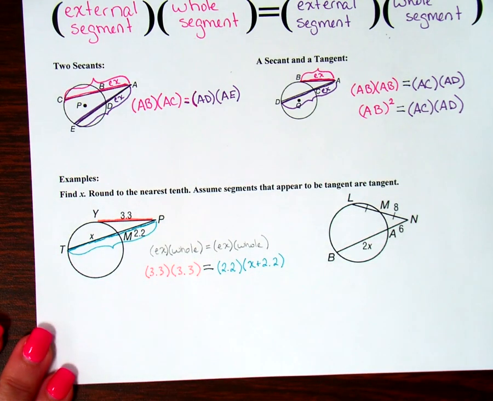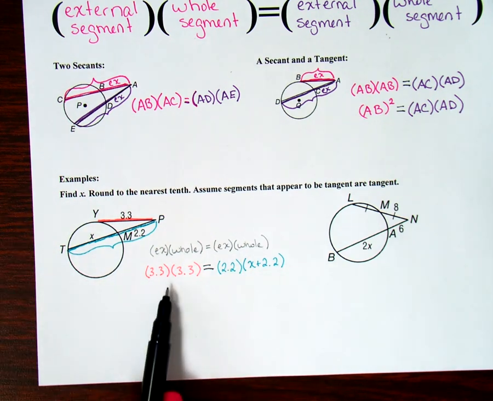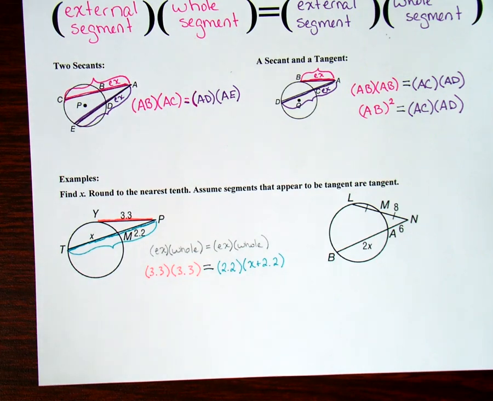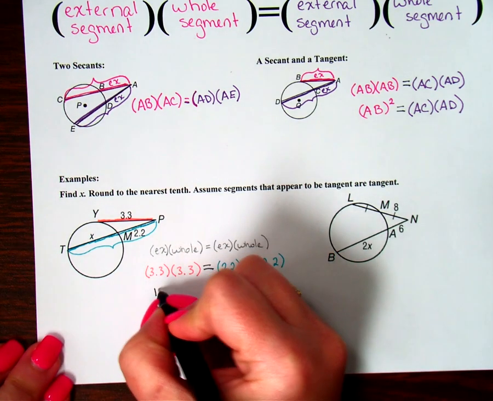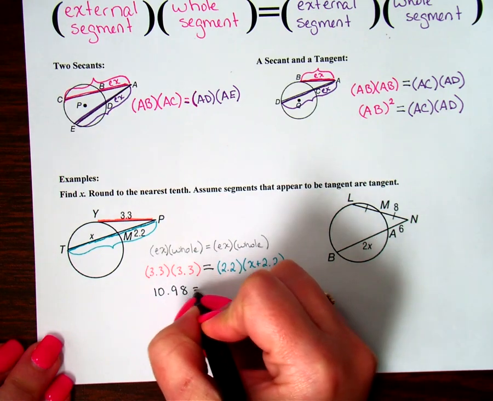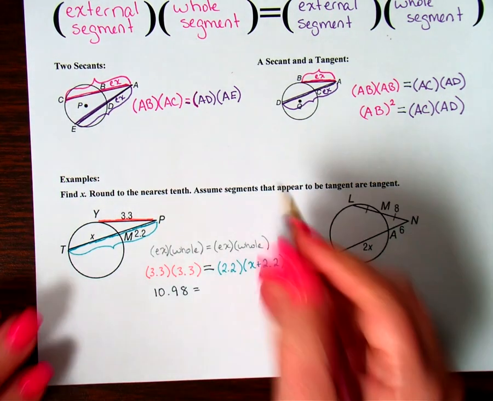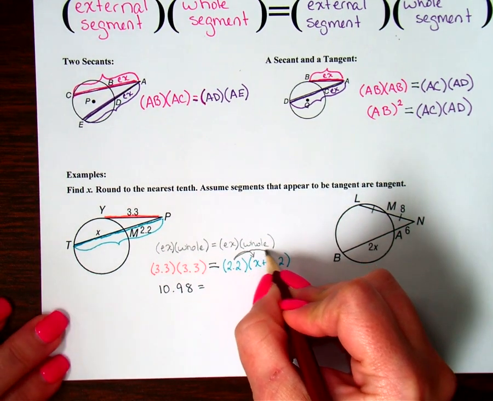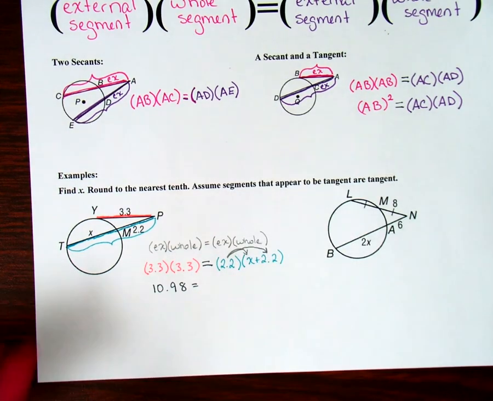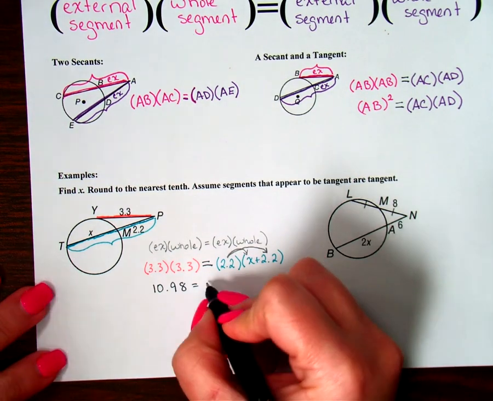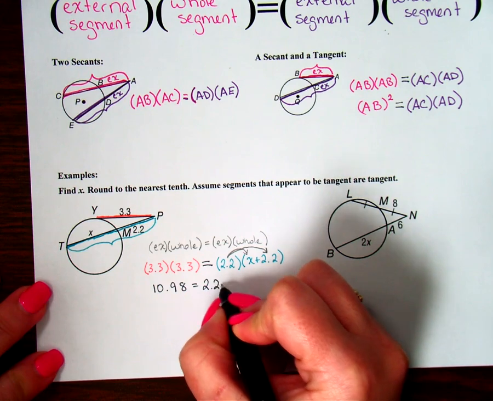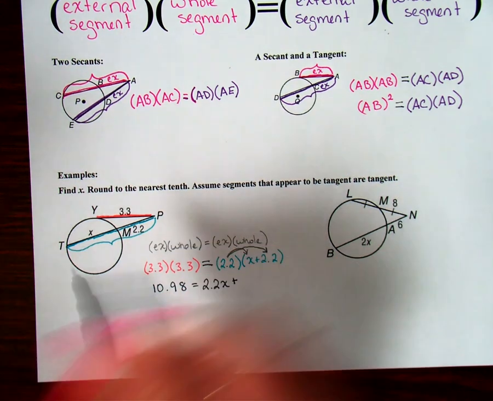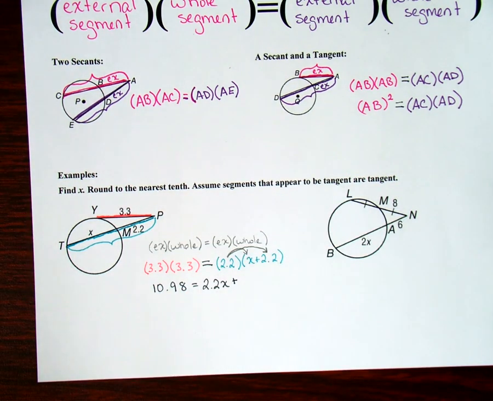Okay, so now we're ready to solve this. The first thing I'm going to do is I'm going to do 3.3 times 3.3, or you could just do 3.3 squared, and that's 10.89. On this side, what I need to make sure I do is I need to distribute that 2.2 to both the x and the other 2.2. So I'm going to end up with 2.2x plus 2.2 times 2.2 is 4.84.